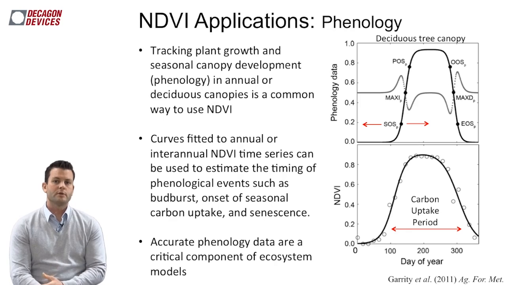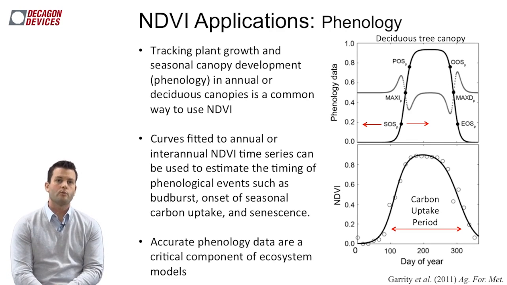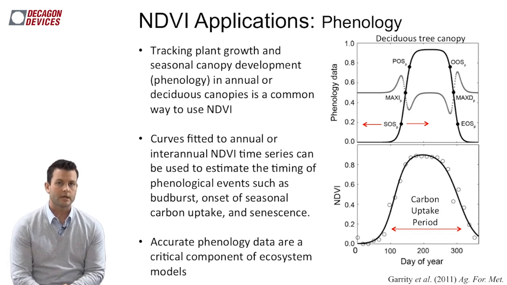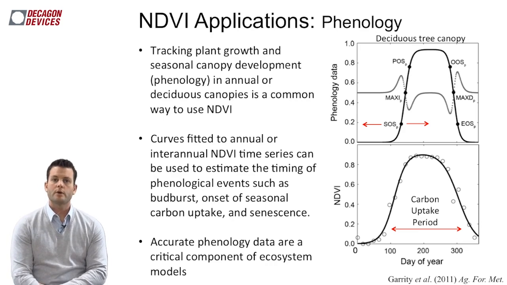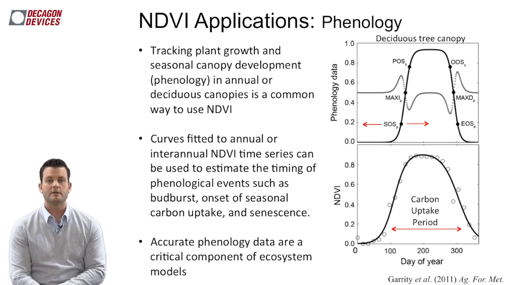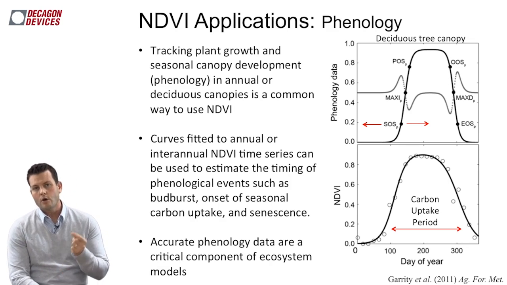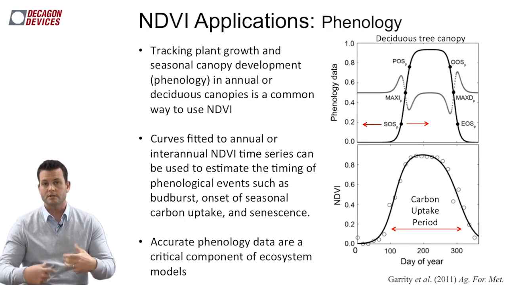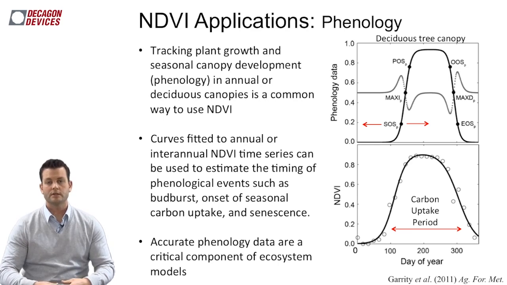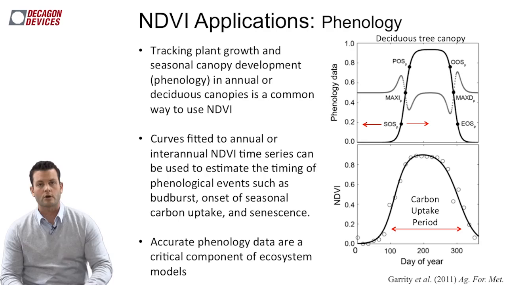So using these curves, we can extract various metrics about the timing of various events. For example, one thing that's been of particular interest lately is the timing of green up, or the start of the season. So in the top right, what I'm showing is the SOS metric that's been extracted from an NDVI curve. And that SOS metric is basically saying, okay, when did leaves begin to grow? When was bud burst? When did leaves really start to expand? And we can mark that with a specific date as the start of season.